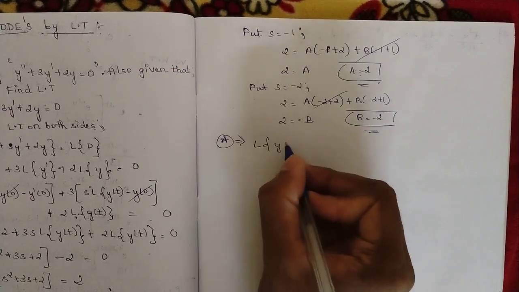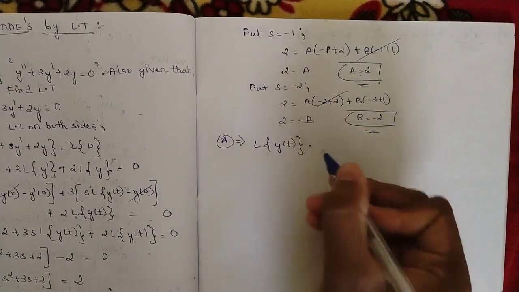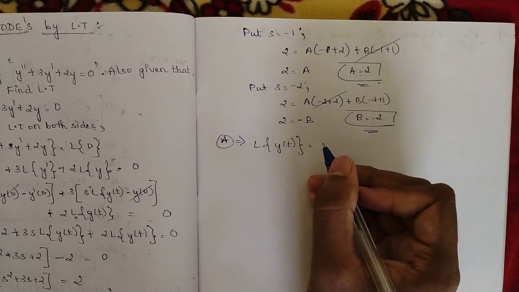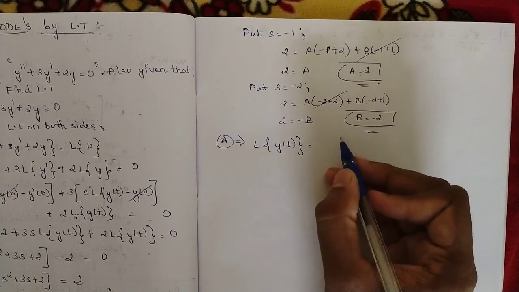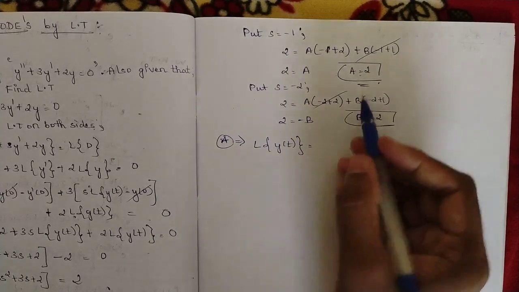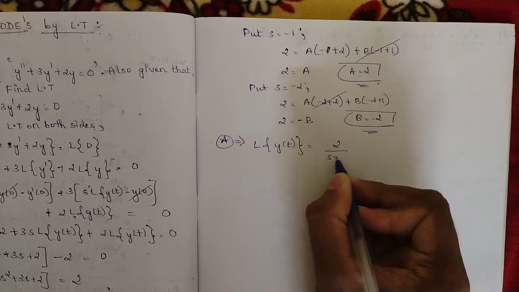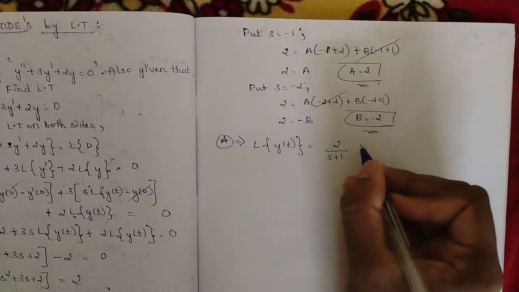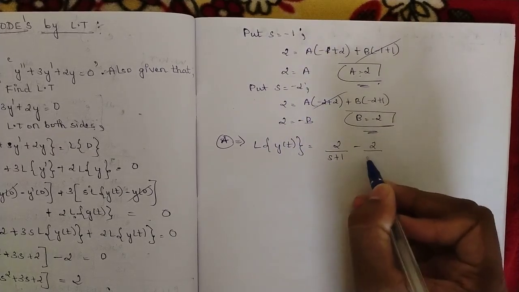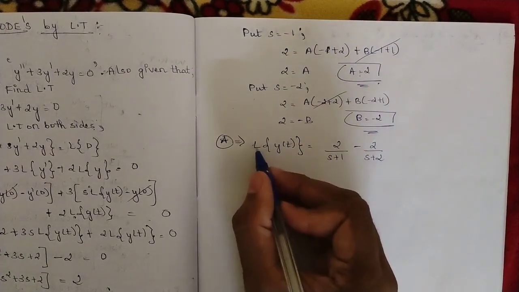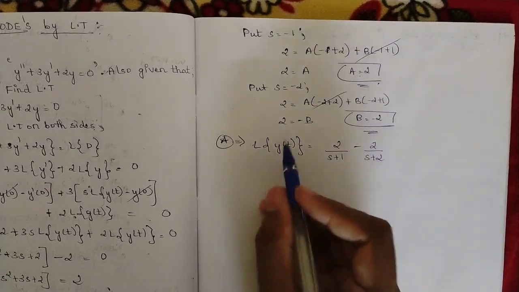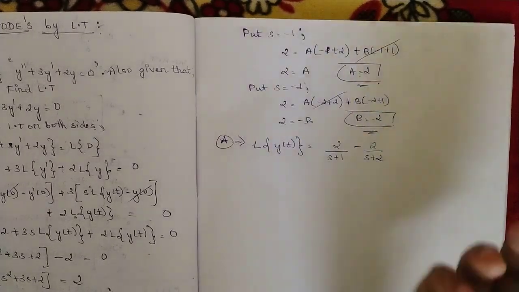Okay, so now equation star becomes L of y of t is equal to A divided by s plus 1. The value of A is 2, so 2 divided by s plus 1 minus 2 divided by s plus 2. Now bring this L term to the other side. If you bring the L term to the other side, it would be the inverse, right?